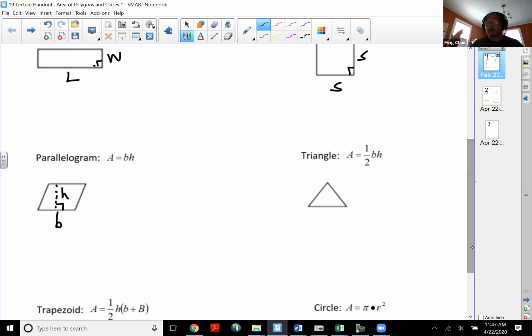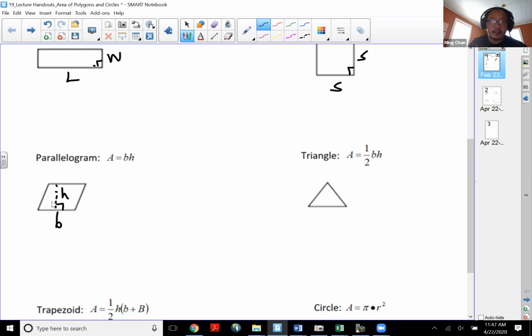Okay, that's how you know who is the height, who is the base. Very important, especially if there's a question on the test. You actually need to find this 90-degree angle in order to know who is the base, who is the height.